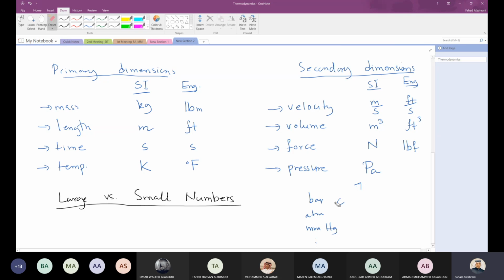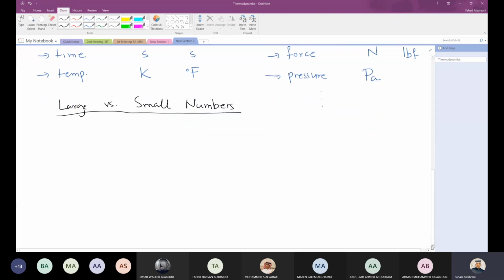Maybe we have megapascal, maybe we have kilopascal. And this is actually what I talked about regarding large versus small numbers. Did I answer? Yes. Okay, good.